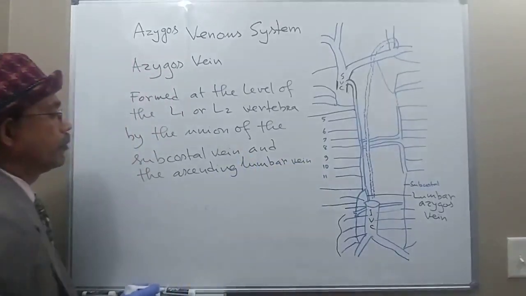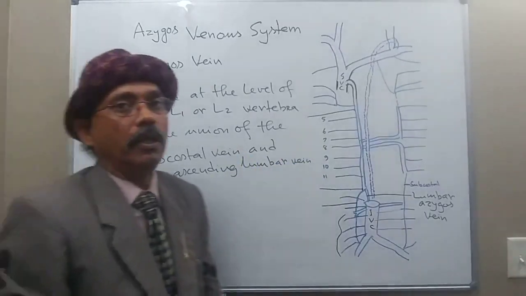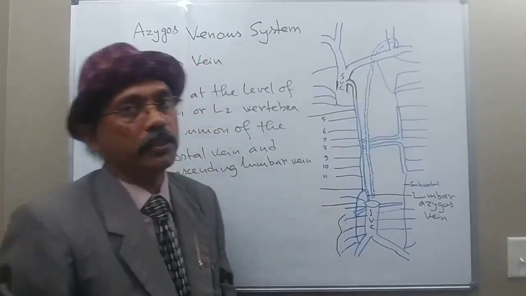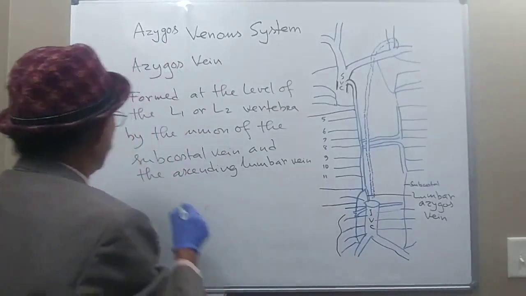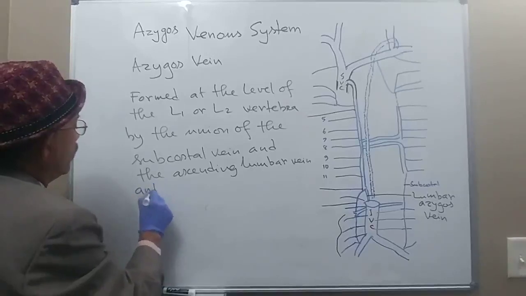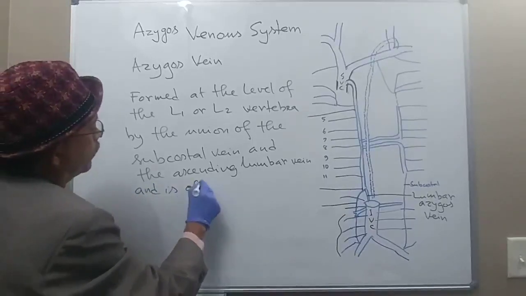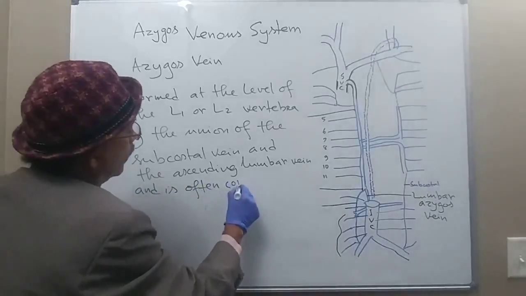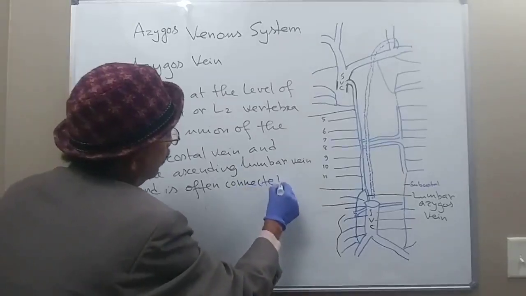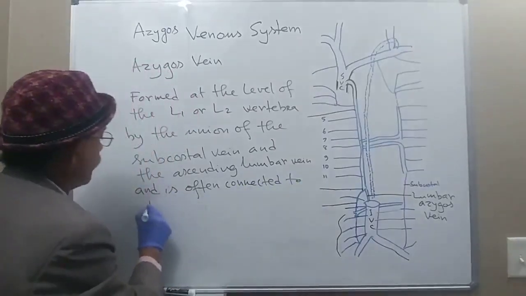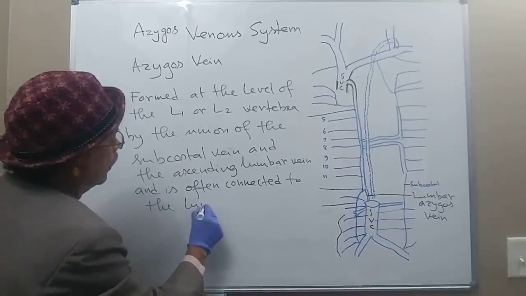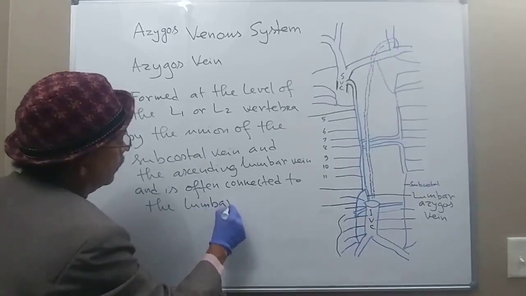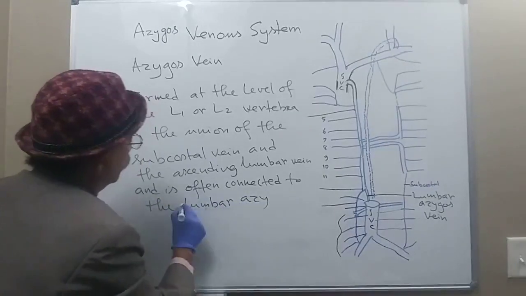Okay, subcostal vein and ascending lumbar vein, and it is often connected to the lumbar azygos vein.